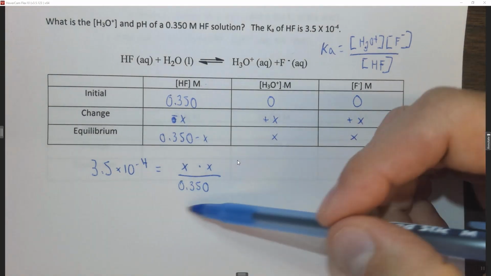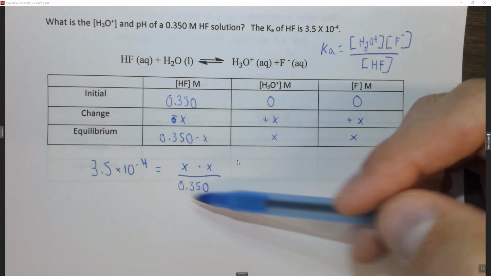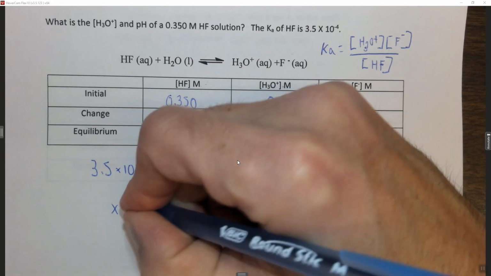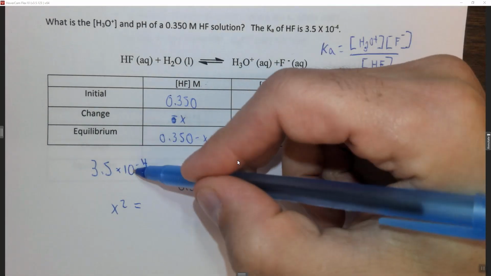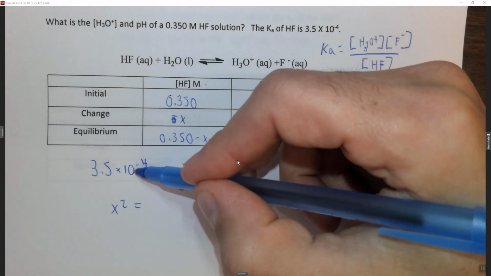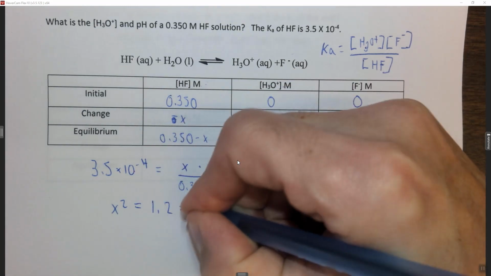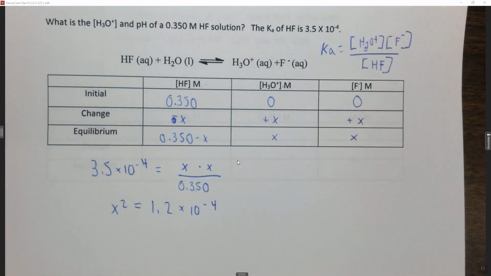So now what we need to do is cross multiply, and we find that X squared is equal to 0.350 times 3.5 times 10 to the minus 4. And when you do that math, you get 1.2 times 10 to the minus 4.